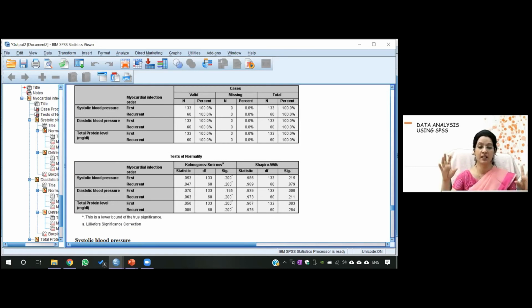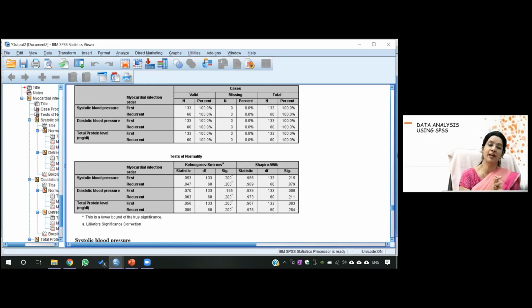Very good in nature. They don't want the p-value to be less than 0.05. So for both Shapiro-Wilk and Levene, if the significance value is more than 0.05, then they are important for us. Did you get that?